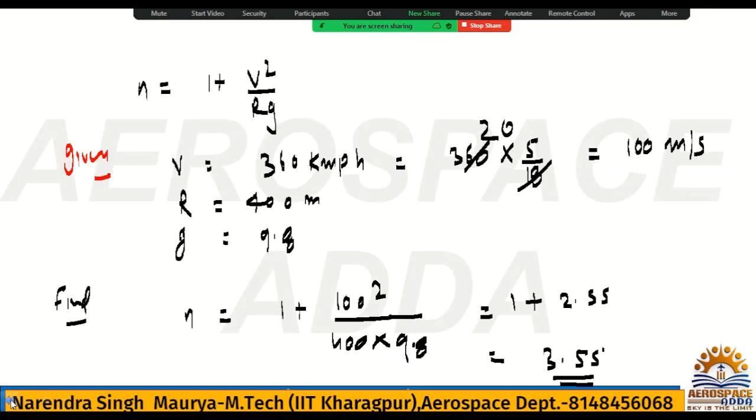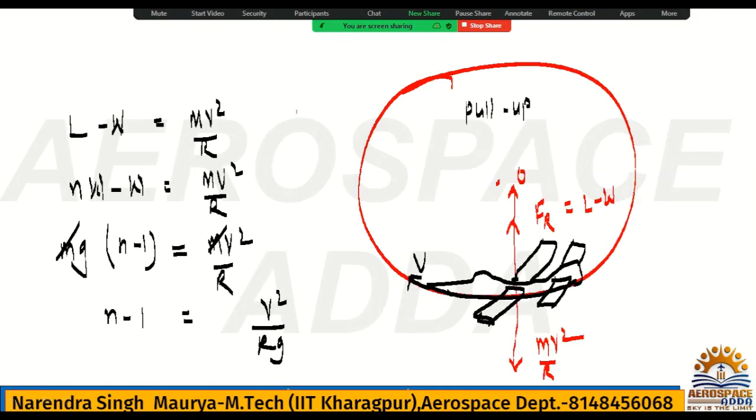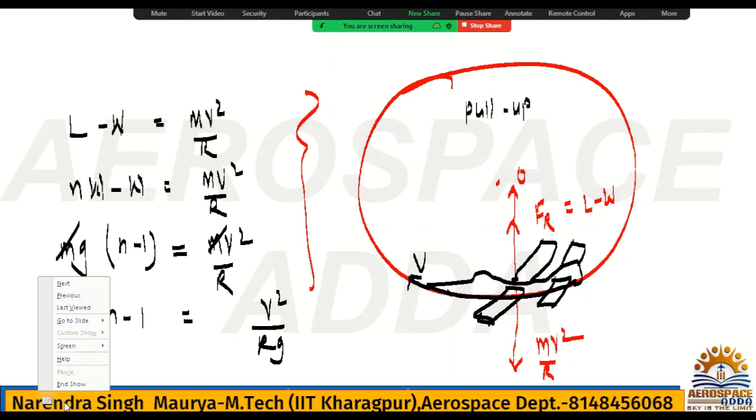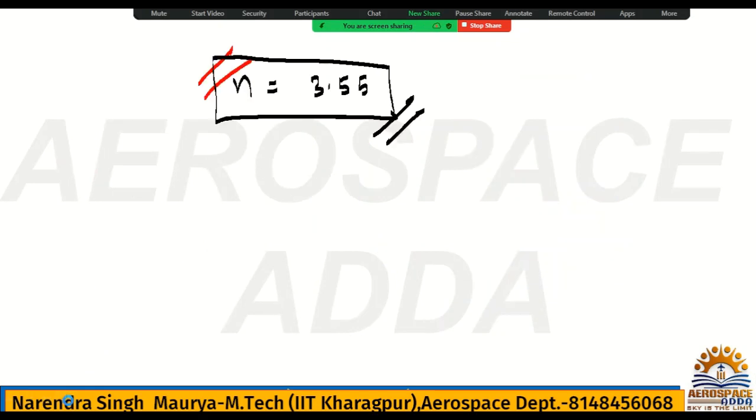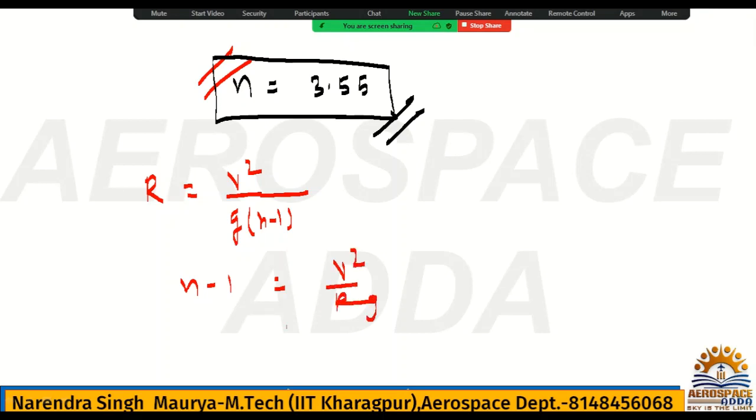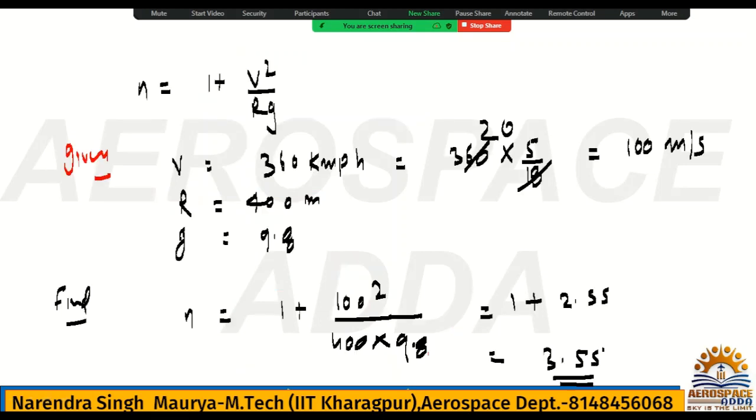Now check, here I have written this derivation. If you are not writing it, you only need to remember the formula. What formula? Simple: the radius of turn formula. You just write R is equal to V square divided by g(n minus 1). If you know this formula, immediately you write n minus 1 is equal to V square by Rg, or n is equal to 1 plus V square by Rg. Finish within 2 minutes, less than that.